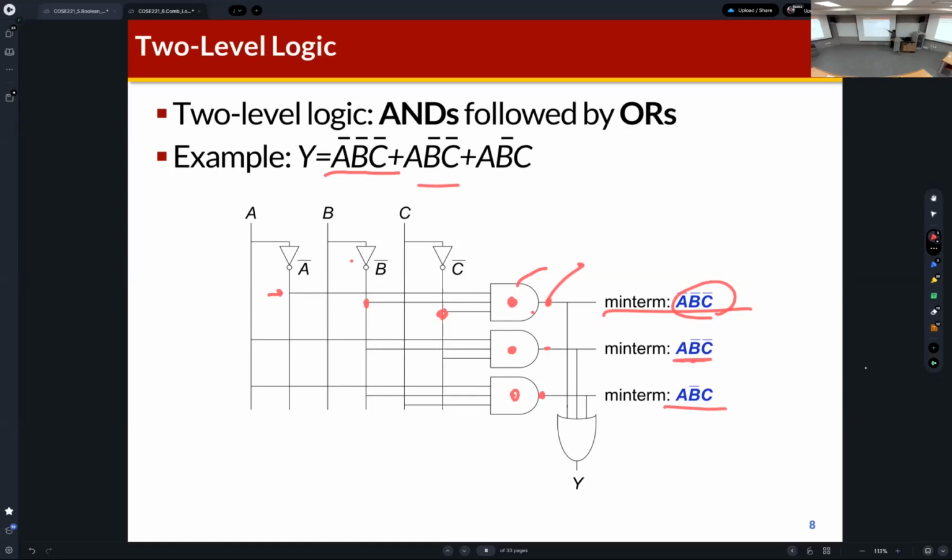And then by connecting min terms to the final OR gate, we can generate output Y. So we can represent logic gates like this. This is the example of two-level logic.